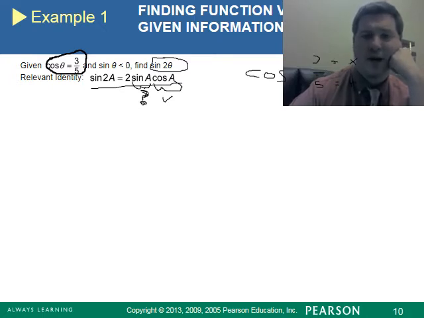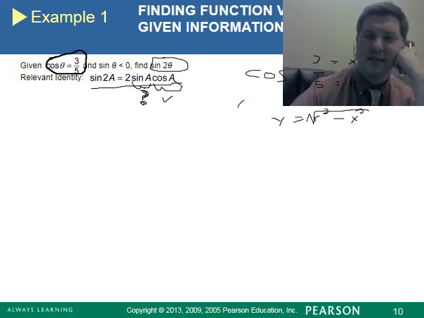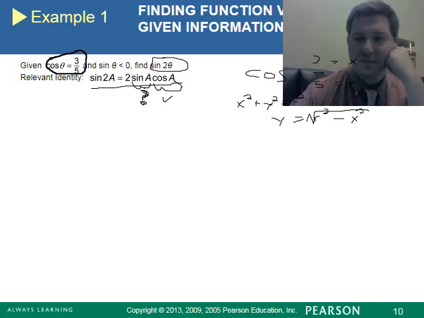And now I could find y using the Pythagorean theorem. y is the square root of r squared minus x squared. I realize I skipped a step there. Right, the Pythagorean theorem starts off x squared plus y squared equals r squared, and I just solved that for y.